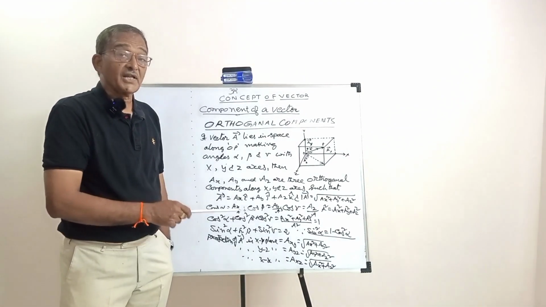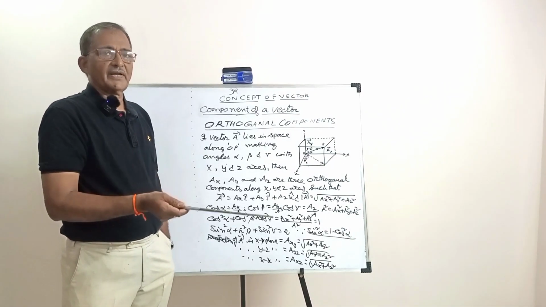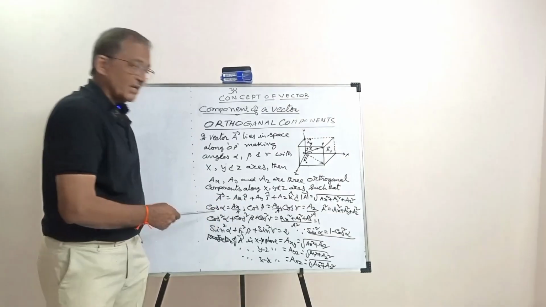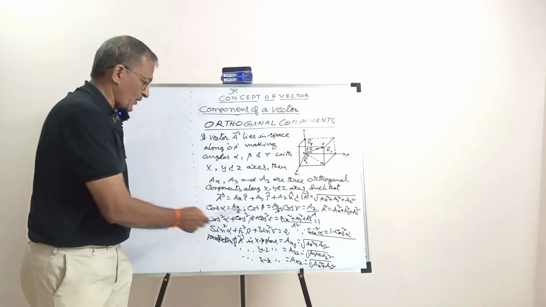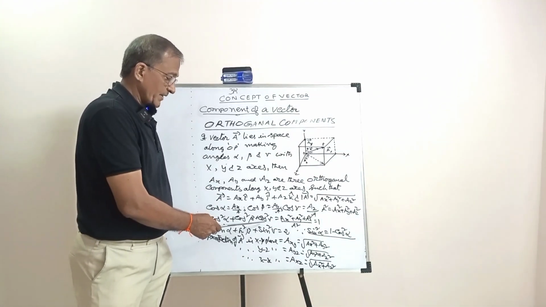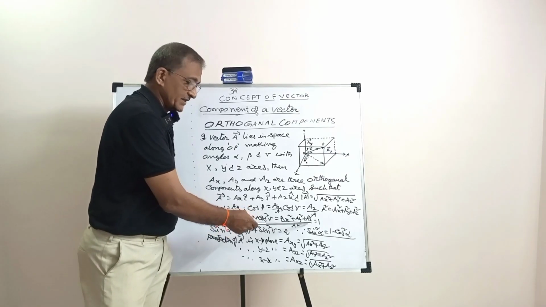And the relation between these three cosines gives what are called direction cosines, because they represent the direction of the vector A. The relation between these direction cosines is given by adding the squares: cos square alpha plus cos square beta plus cos square gamma is equal to Ax square by A square plus Ay square by A square plus Az square by A square.